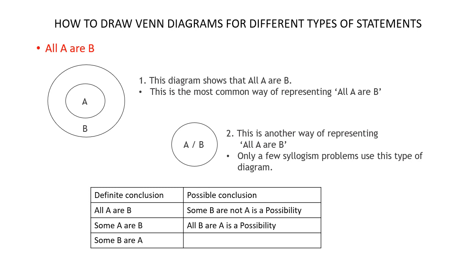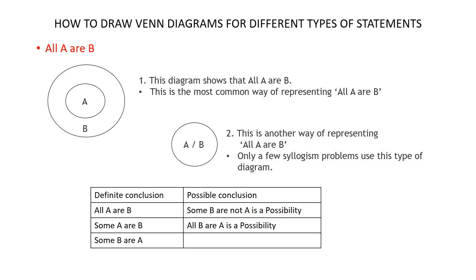In the first case, there is a possibility of this portion of B not to be a part of A. This gives rise to the possible conclusion some B are not A is a possibility.